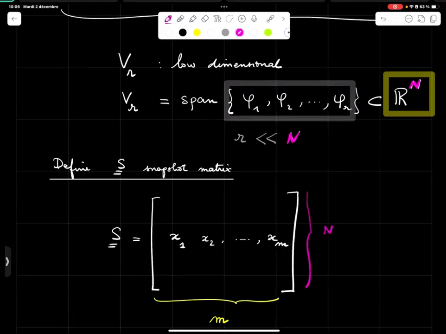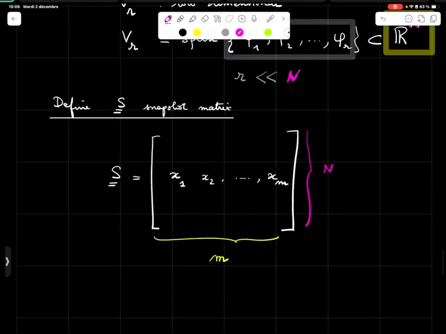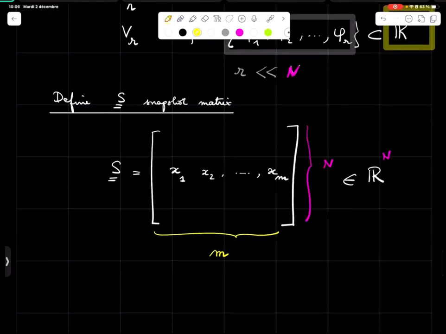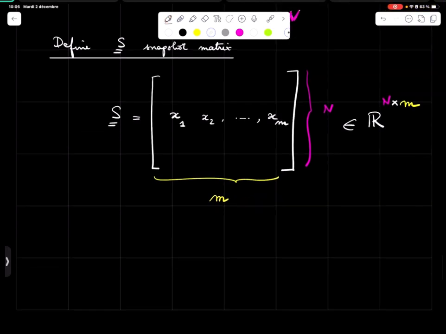And here it's going to have n columns. So n rows, m columns. So that means that that thing is a matrix that is in R to the power n cross m. That is that matrix. And what do you think we're going to do with that matrix? I would bet that you already know.